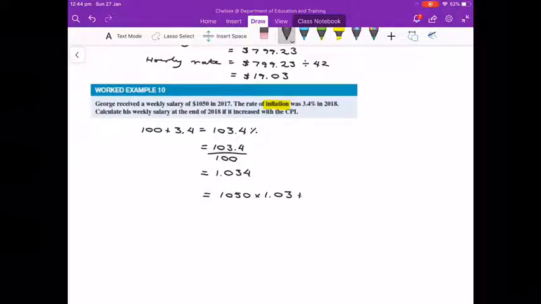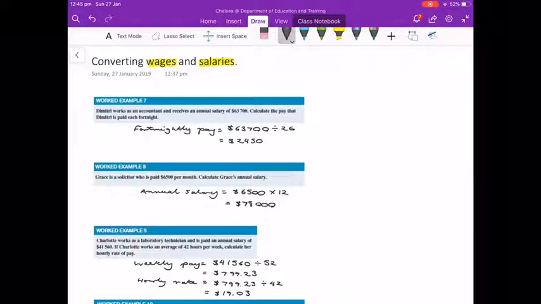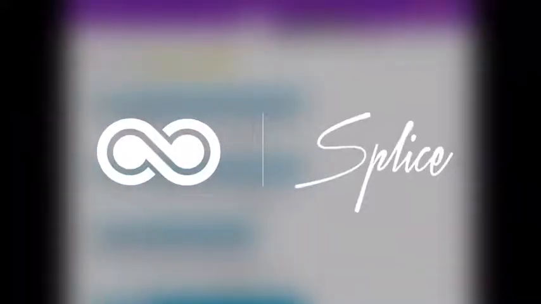Now this answer should be larger because we are calculating an increase. So George earns $1,085.70 per week at the end of 2018 due to that 3.4% inflation. And that is how you convert from wages and salaries using pay and percentages.